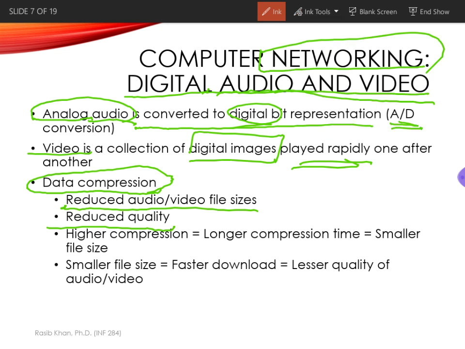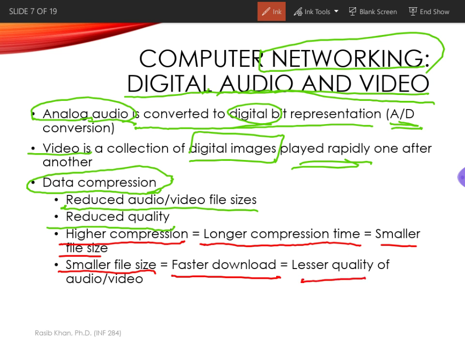So, to summarize, basically the higher the compression rate, the longer it takes to compress the file, and the smaller is the file size. And following that, the smaller the file size, your internet allows you to download it faster. However, the quality of the audio and video is reduced.